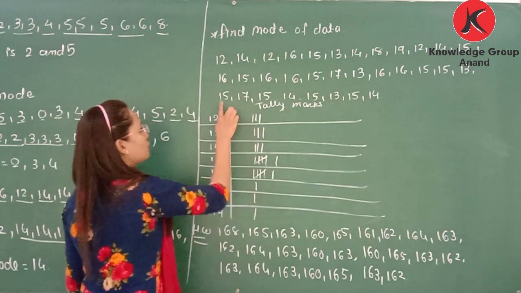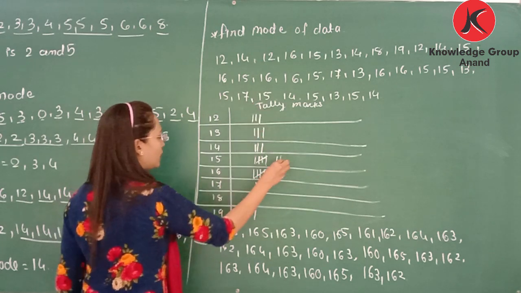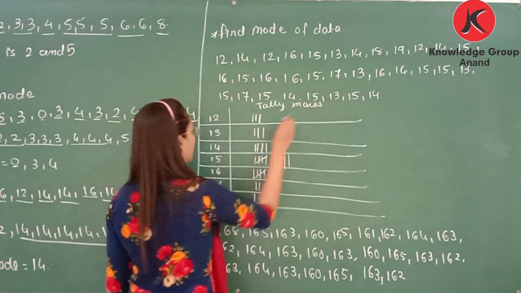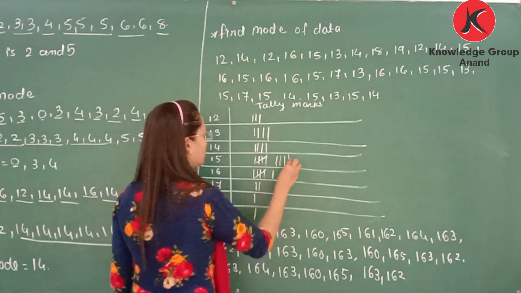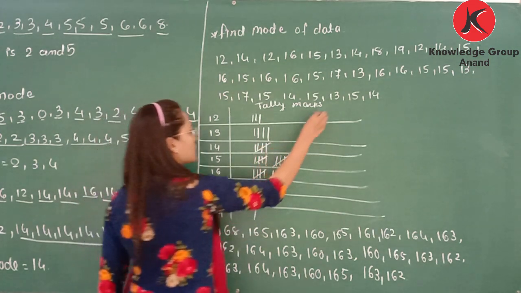13, 15. So place one bar in 15, 17. Now 15, 14, 15, 13, 15, 14. Now frequency.